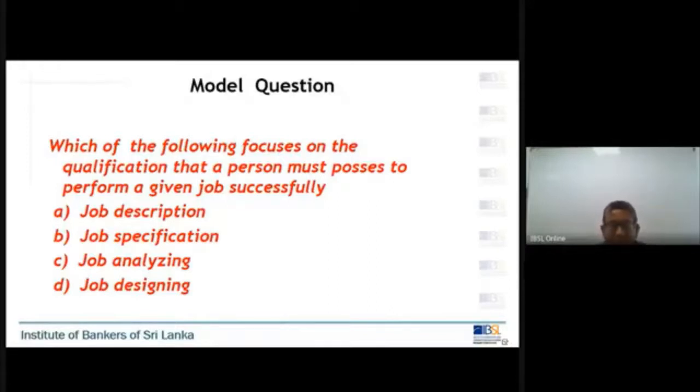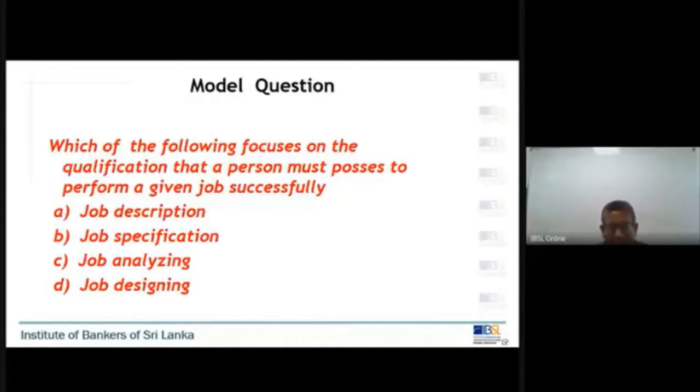Which of the following focuses on the qualification that a person must possess to perform a given job successfully? What is the answer? Whether it is A, B, C, or D.